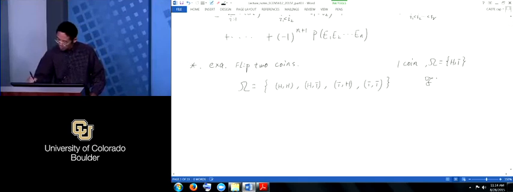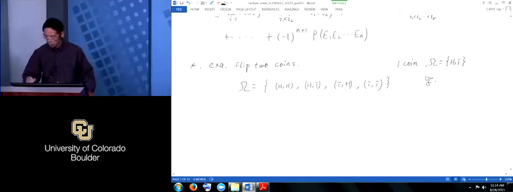For the sigma algebra, the domain, I should use distinction here. So it should have the empty set, omega 1, and head and tail.